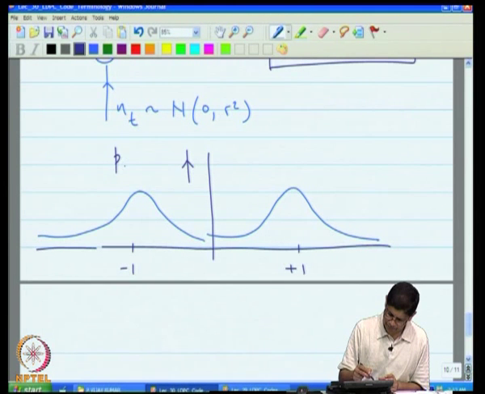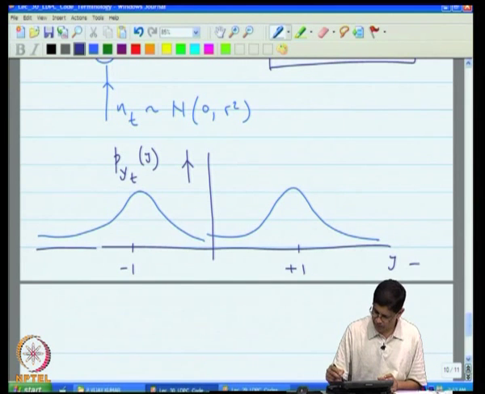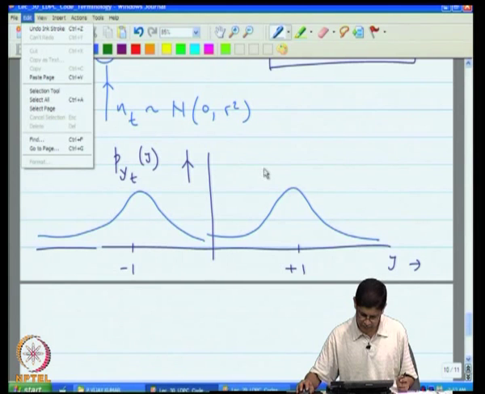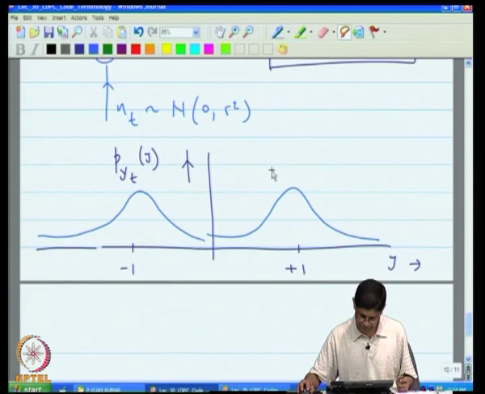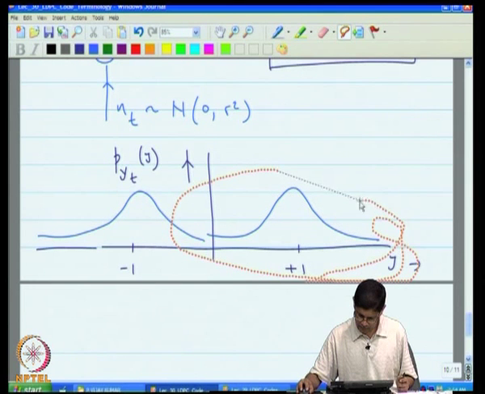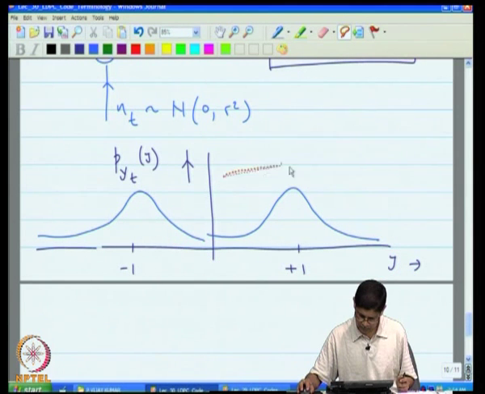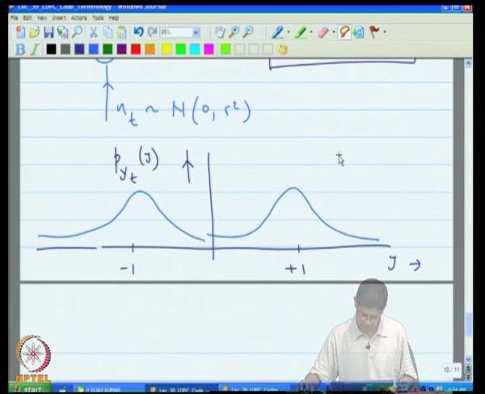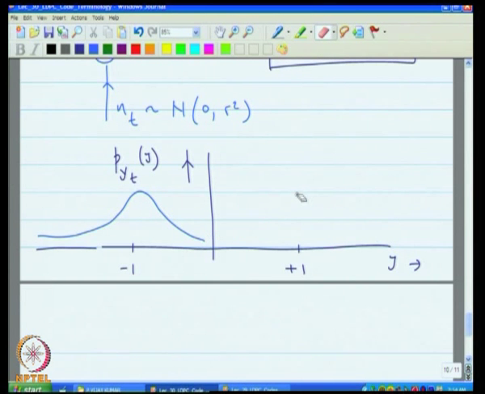of p of y t of y as y. Now, perhaps I should do the following. Just to avoid confusion, let me redraw it slightly differently.